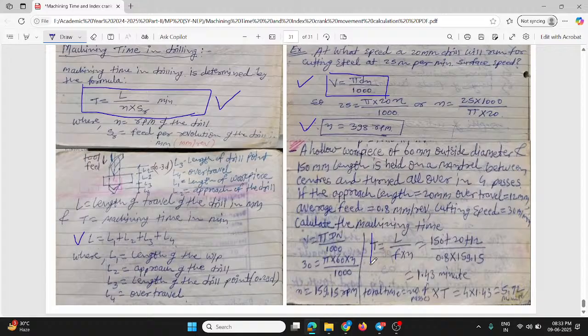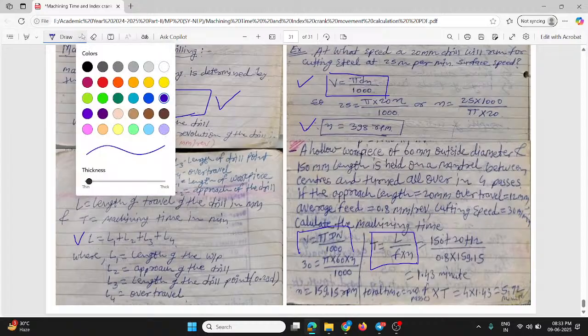The generalized formula that you have to note down is T equals L divided by F into N. Here L is known, F is known, but N is not known. N you can calculate from V equals pi D N divided by 1000.